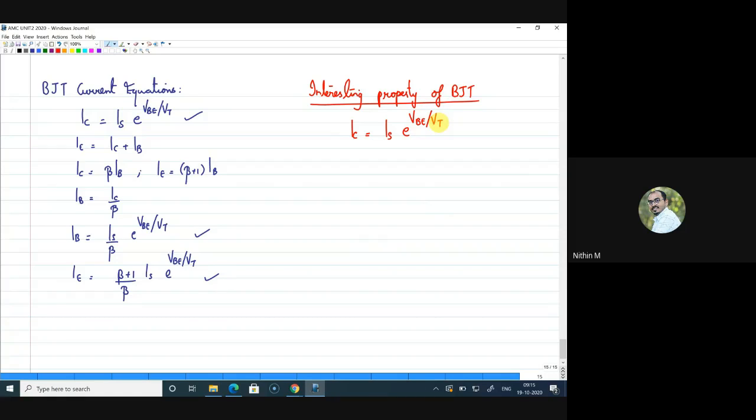So by looking at this expression, can you comment on what your observation is? Collector current depends on what? What dependency can we observe here?